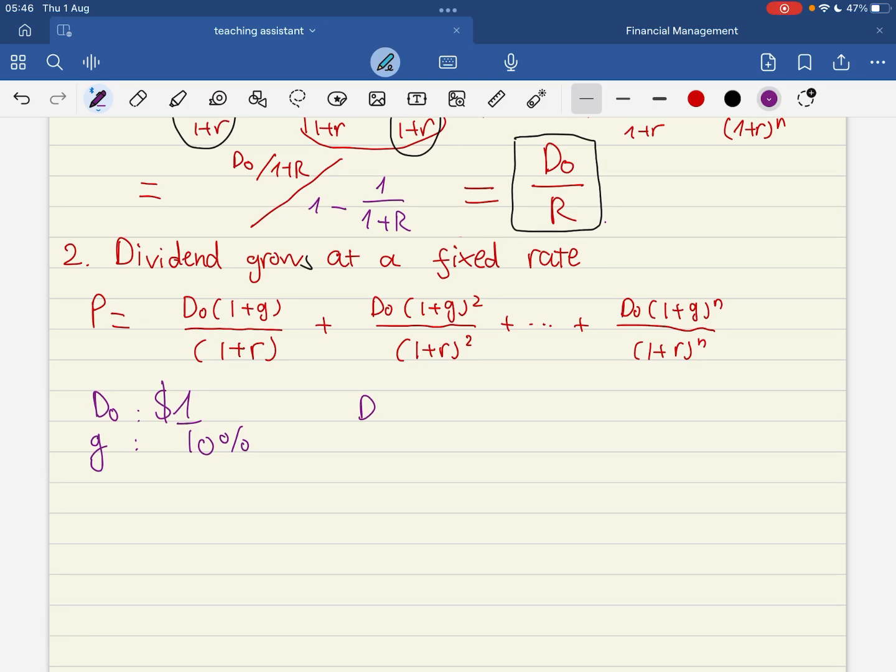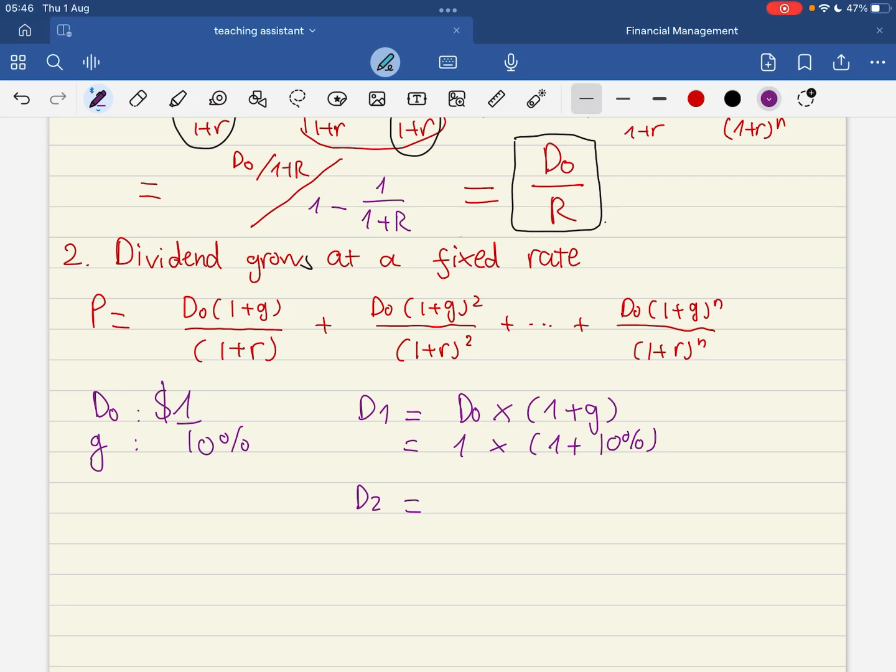So the dividend after 1 year will be equal to D0 times 1 plus G, which means it's equal to $1 times 1 plus 10%. So what is the dividend after 2 years? Well, it's easy. It's D1, right? Because it's increased by 10%.